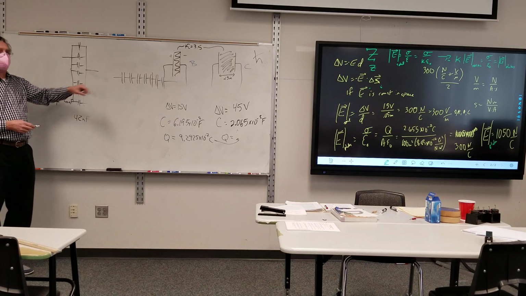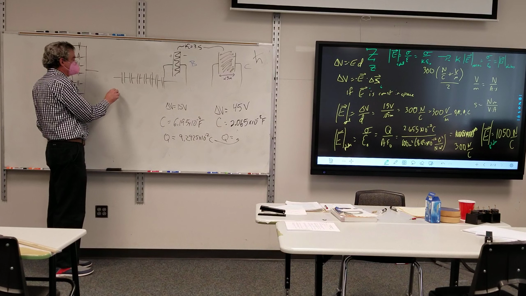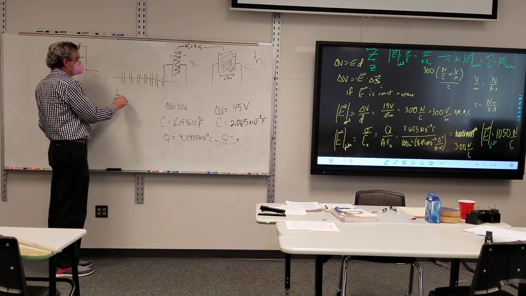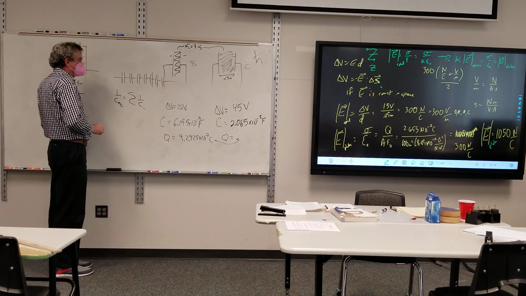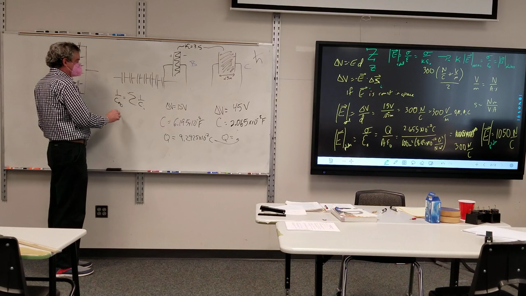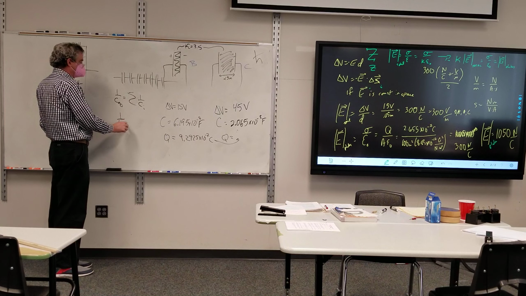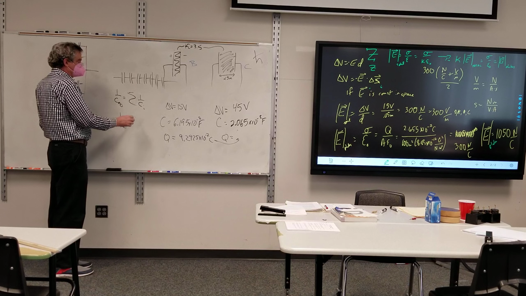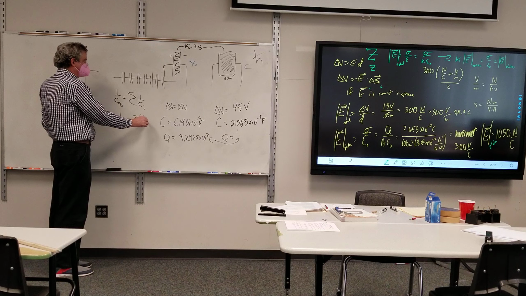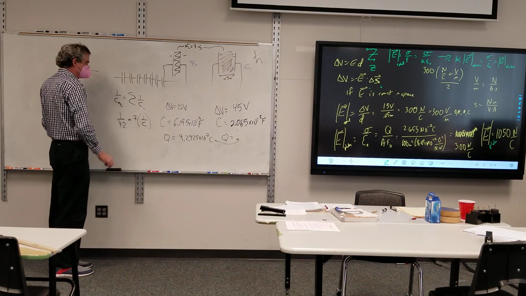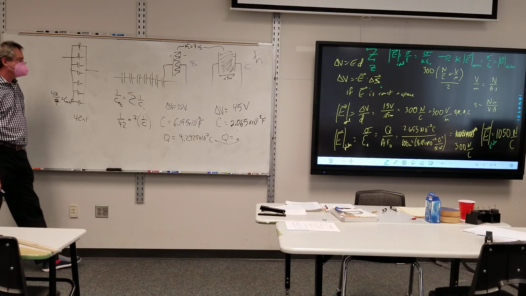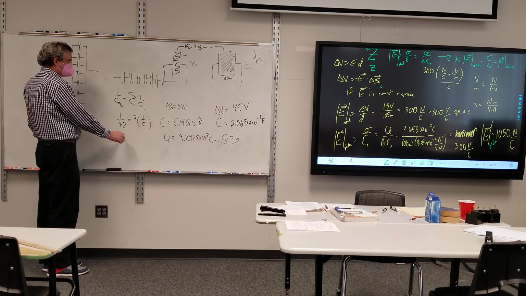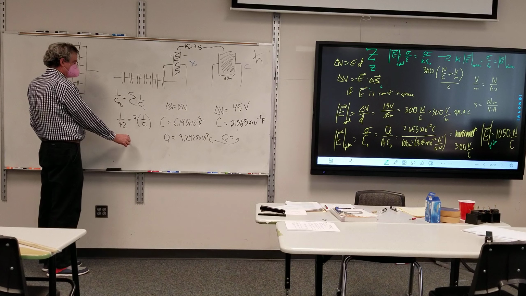And over here, you're adding up the reciprocals. So I know that 1 over the equivalent capacitance is equal to the sum of 1 over the individual capacitances. So this is 1 over 42 is equal to, well, they're all identical, so I have 7 times 1 over the individual capacitance, which is 294.